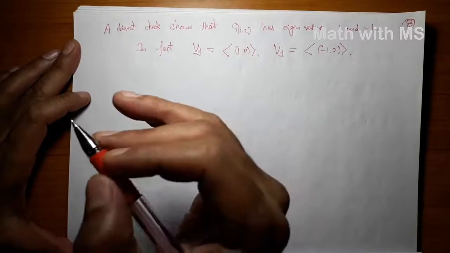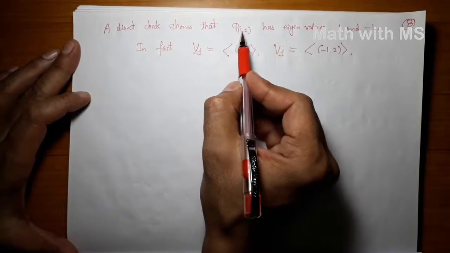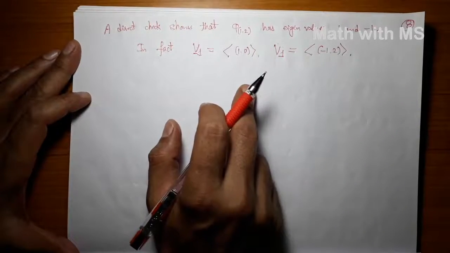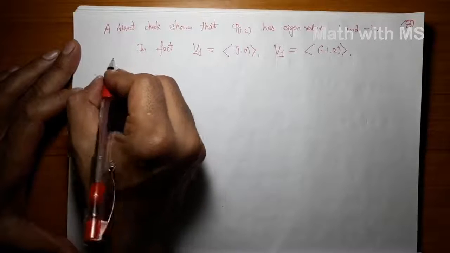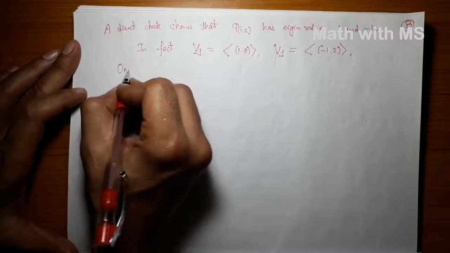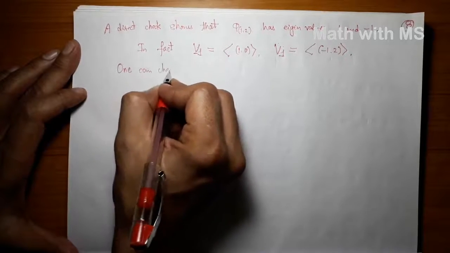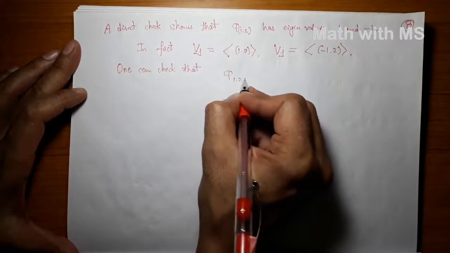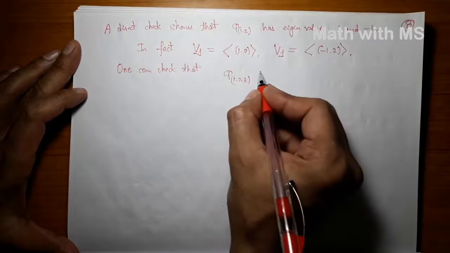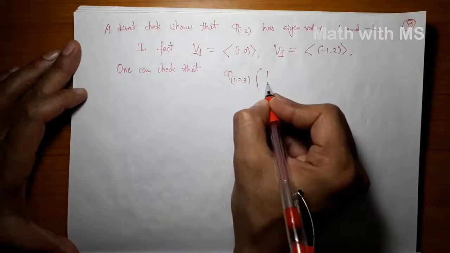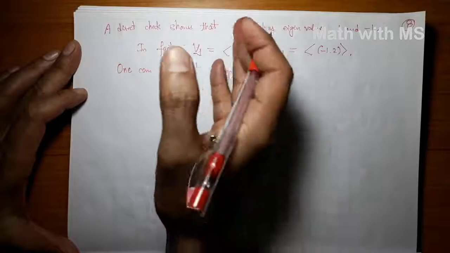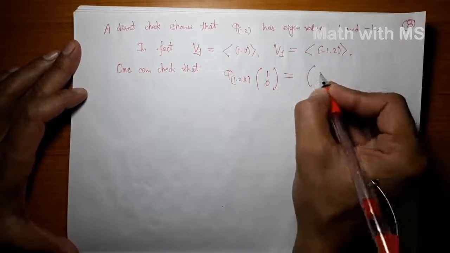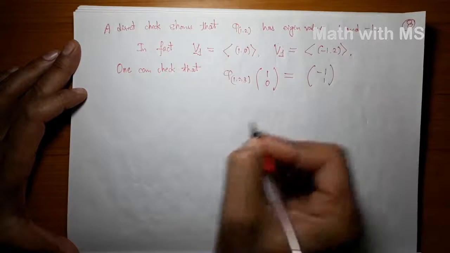Now what one needs to check is that phi of (1 2 3) cannot have (1, 0) and (-1, 2) as eigenvectors. So one can check that phi of (1 2 3) is this matrix, and if you apply it on (1, 0), I am writing them as columns, a direct check by matrix multiplication shows that it is (-1, 1), right?